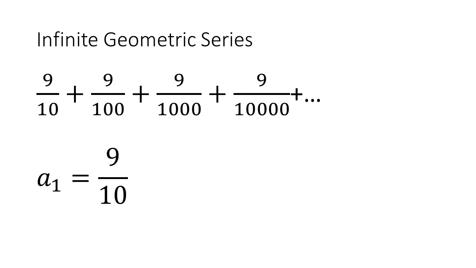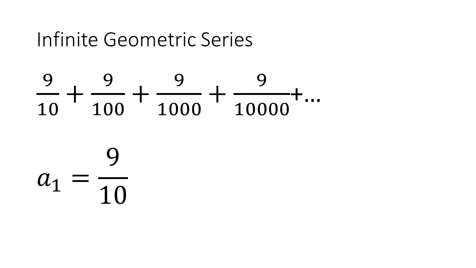Another interesting thing, just to give you some perspective on what makes a series a geometric series: a geometric series is a series where I'm multiplying each term by some constant number to get the next term. So if you look at all these numbers as I go from 9 over 10 to 9 over 100 to 9 over 1,000 to 9 over 10,000 and so on, you can see I'm multiplying each term by 1 over 10 to get to the next term.